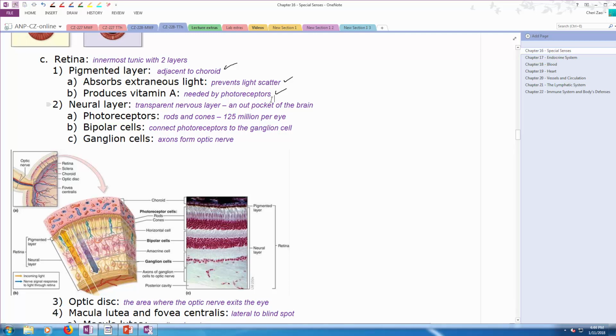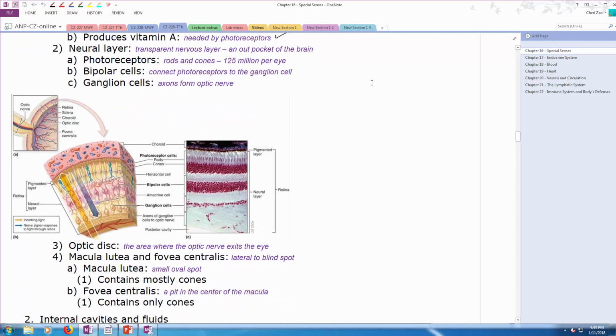So, neural layer, we're going on in. That was the pigmented layer, very thin. Now the neural layer is interesting because when you took a look at your retinas in your specimens, were they transparent? No. Again, the preservation processes change what the real living organism and structures are.